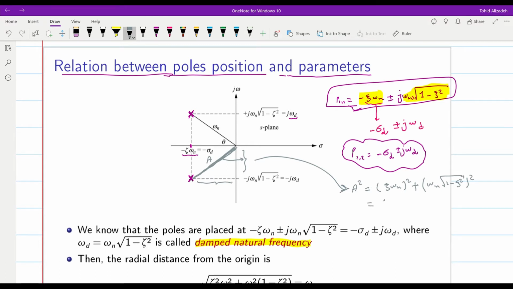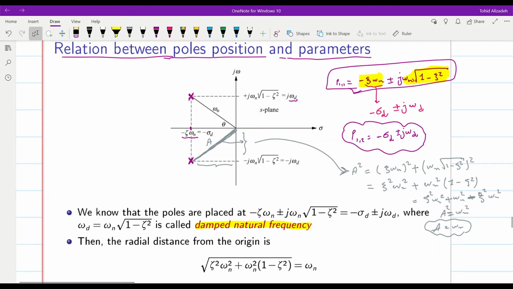So we will get zeta squared omega n squared plus omega n squared times 1 minus zeta squared. And then we will get zeta squared omega n squared plus omega n squared minus zeta squared omega n squared, and this will give us omega n squared, and therefore a will be equal to omega n.